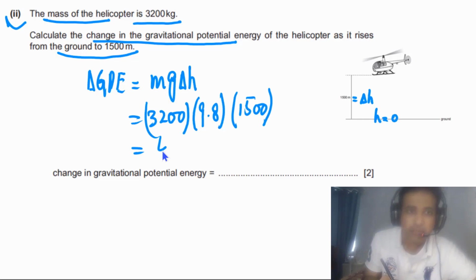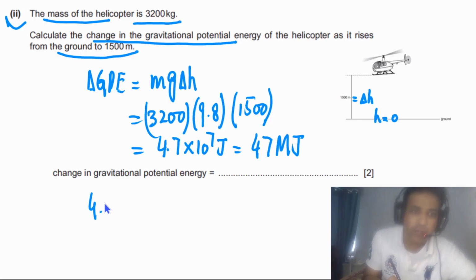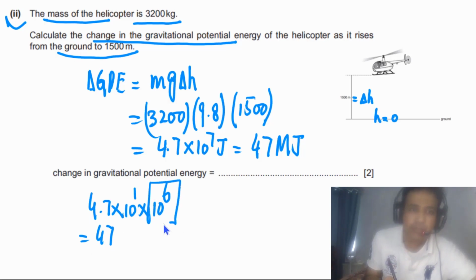Now if we simply multiply, we will get our final answer: 4.7 times 10 to the 7 joules, or we can say this is equal to 47 megajoules, because 4.7 times 10 is 47, and 10 to 6 is mega. So it means this is 47 megajoules.